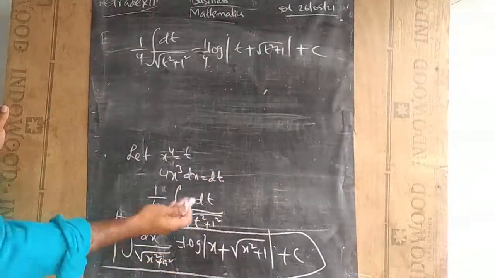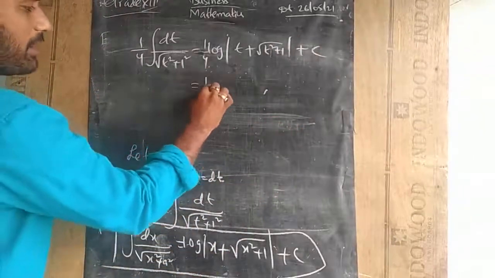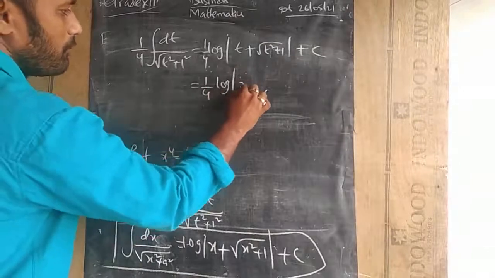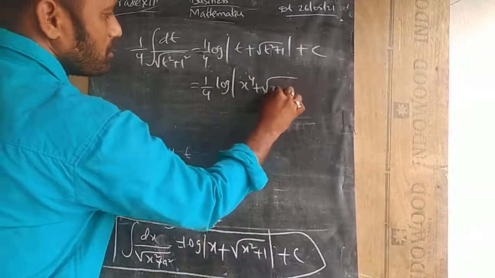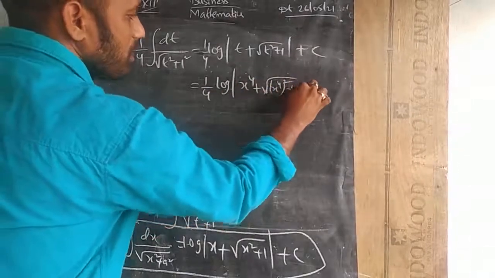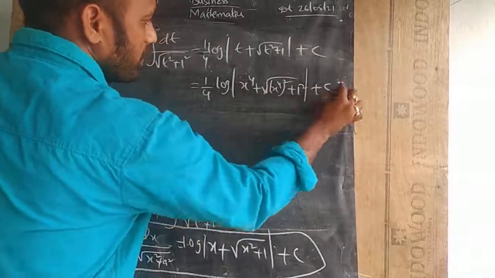Now in place of t, I have to substitute x power 4. So the final answer will be 1 by 4 log of x power 4 plus root of (x power 4) whole square plus 1 square, plus c.